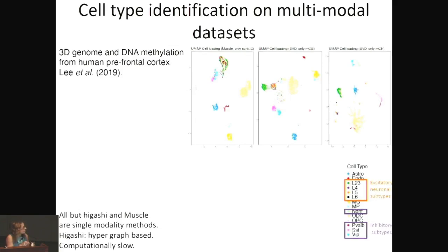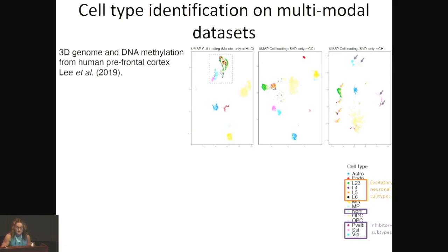So we first applied muscle to only the scHiC component, the CpG methylation component, and then the non-CpG methylation component. In this data set, there are neurons and then subneurons, excitatory and inhibitory neurons, and non-neuronal cells.